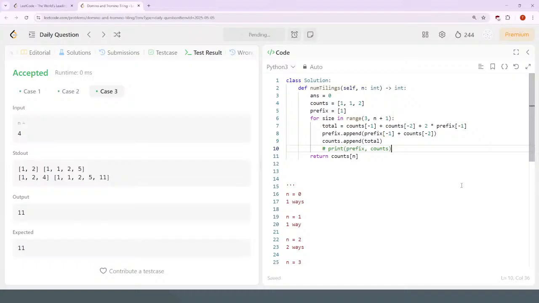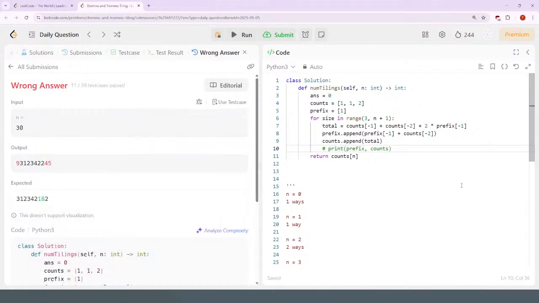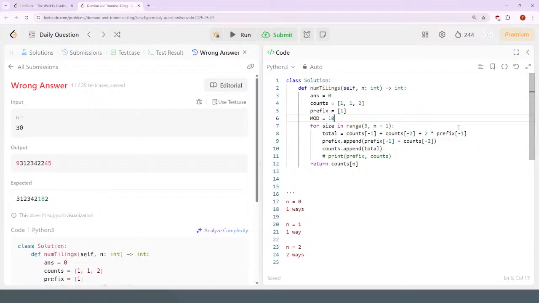Okay, let's see if that works. Oh, I need to do mod. It's too big. Total is modded by the mod constant.